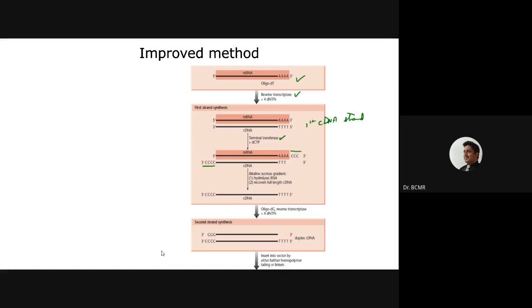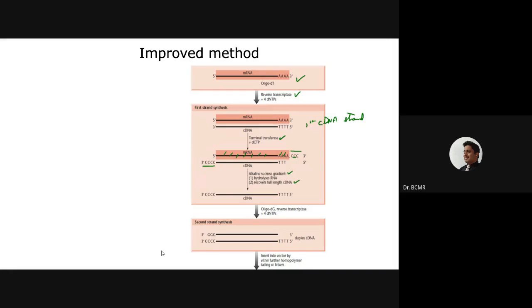It doesn't matter as long as it has an accessible 3' OH. And once it adds, then you're treating with alkaline conditions, because of which all the mRNA will be gone. Once you recover full length, you will get rid of everything else.